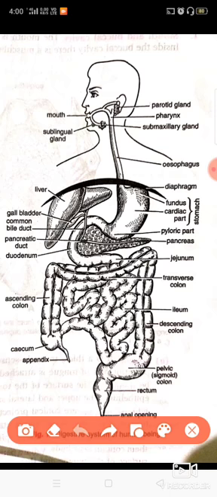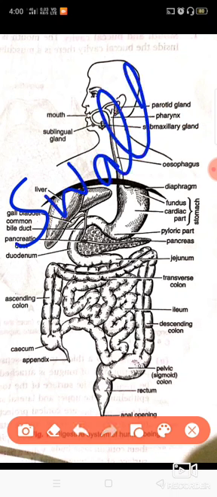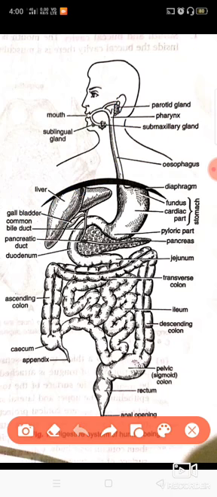Now let's move on to the next part. The food goes down like this, and it reaches the part known as the pharynx. The pharynx has no function in digestion, which means no digestion is carried out here, but it helps to swallow the food. The food, which is in semi-solid form, is swallowed by the pharynx.